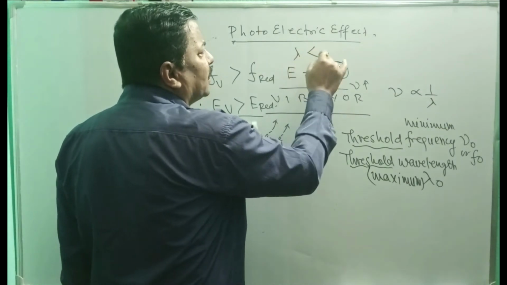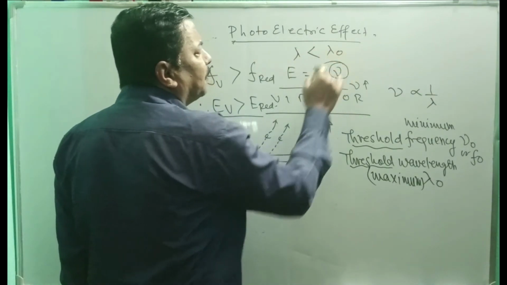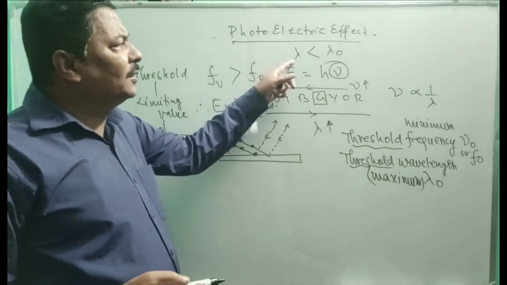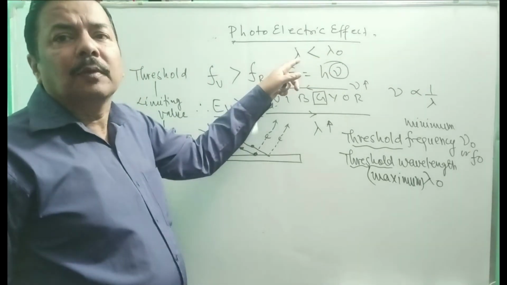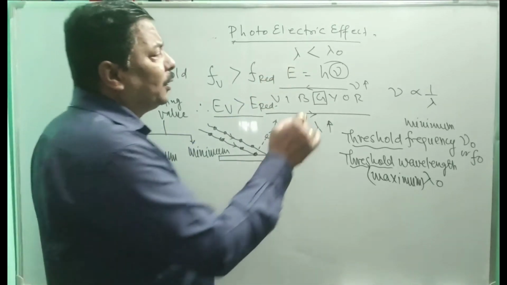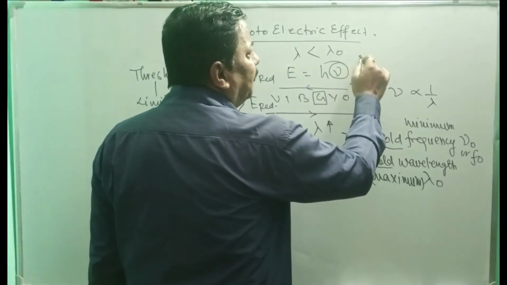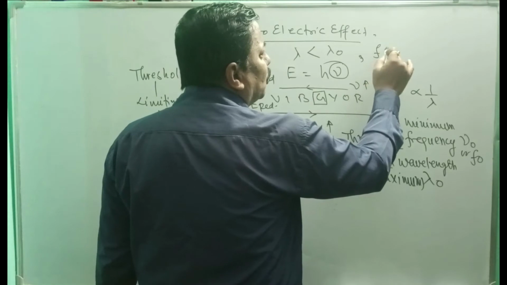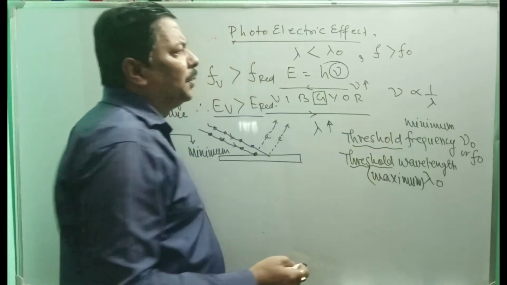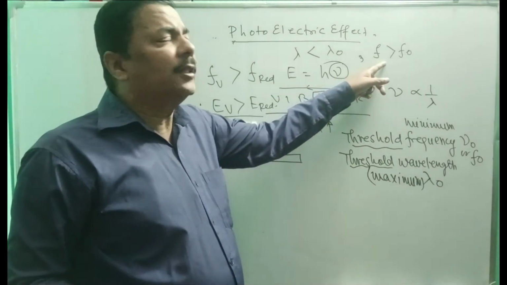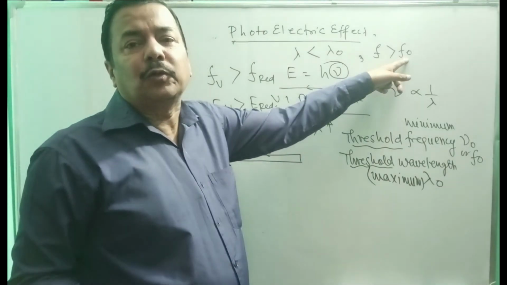Wavelength should be less than the maximum threshold value. If wavelength is less than the threshold value, you will get the photoelectric effect. If we talk in terms of frequency, frequency should be greater than the minimum value, that is your threshold value.